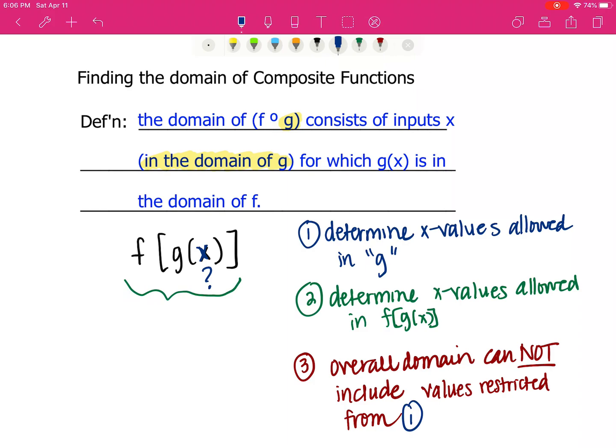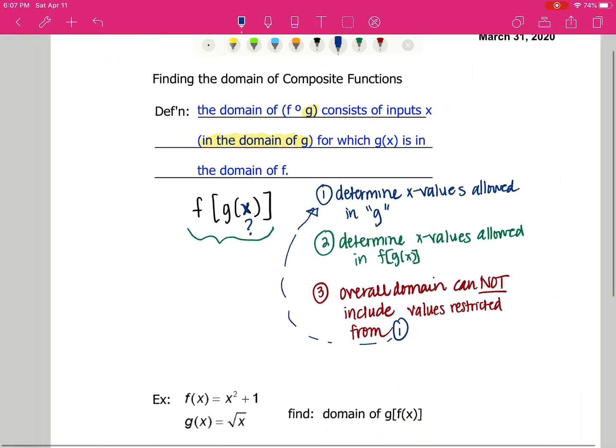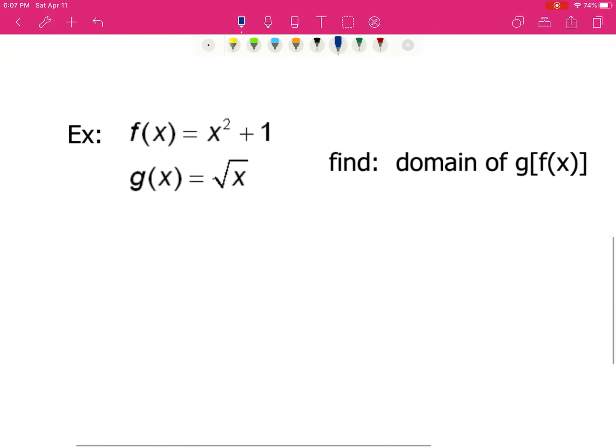So restricted from number 1. Okay, so if they were restricted, you cannot include those values in your overall domain of your composite function. So I'm going to show you a couple of examples, and one of them will most definitely be an example of that.